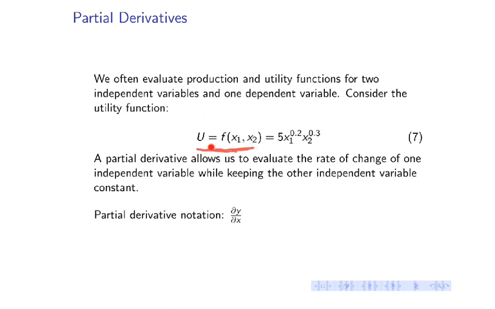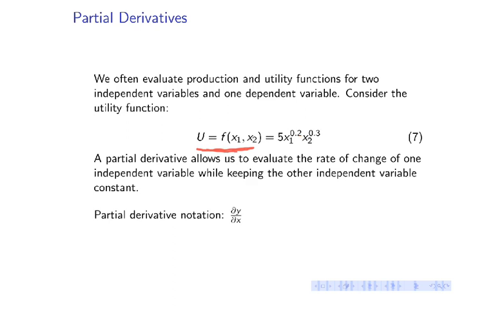So we have some sort of outcome, our dependent variable, and then we have two different independent variables. So what do we do with that? Well, this is actually not as complicated as you would think. Essentially, we want to evaluate one variable at a time, and the variable that we're not evaluating just stays constant.